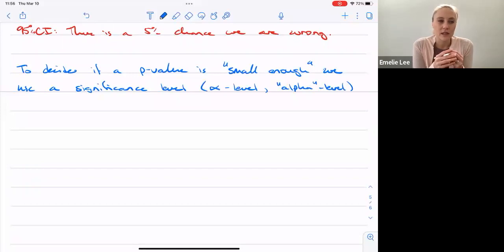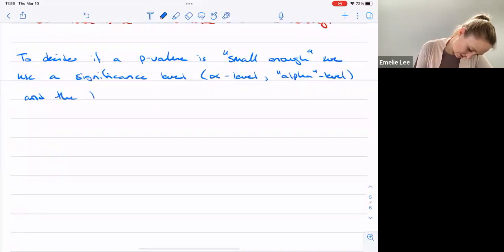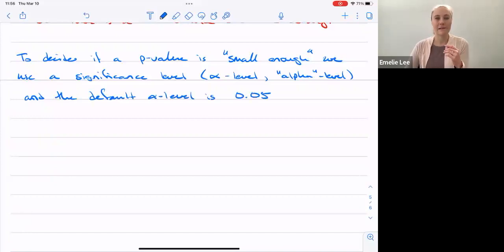All right. And so we use this significance level or an alpha level, and the default alpha level is 0.05.